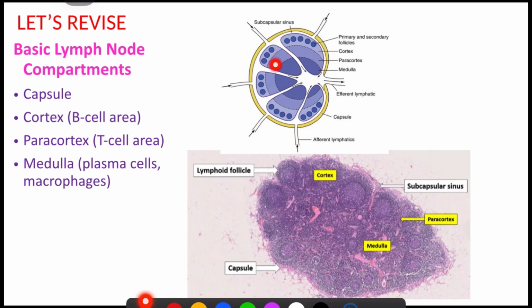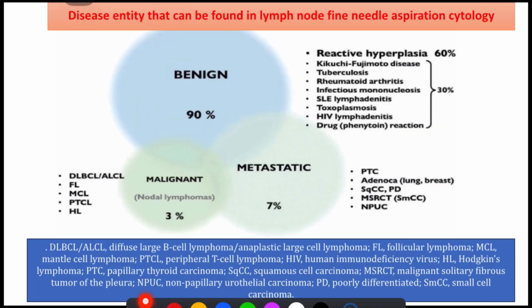Beneath the cortex, this is the paracortex and medulla, and here you can see the sinus, and these are the afferent and this is the efferent lymphatics. So capsule, then cortex which is the B cell area, paracortex which is the T cell area, and medulla which mainly contains plasma cells and macrophages.